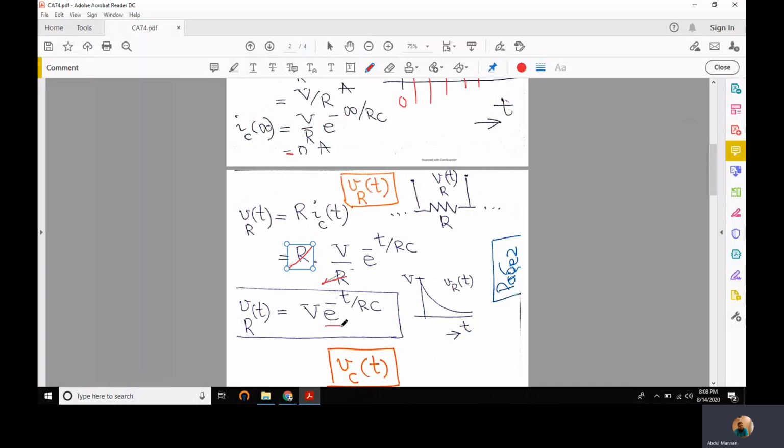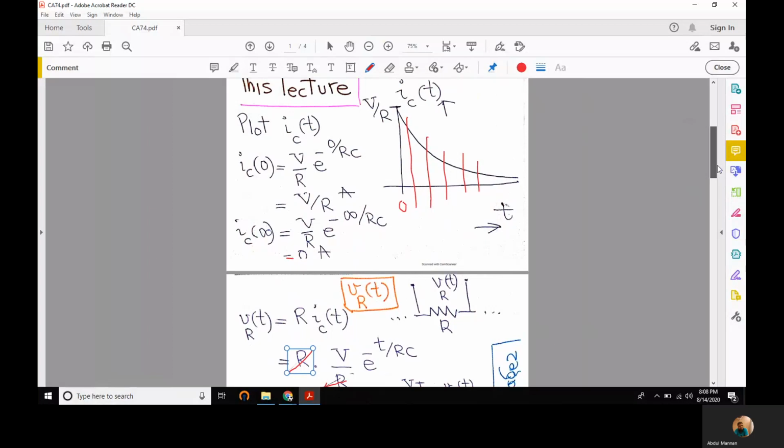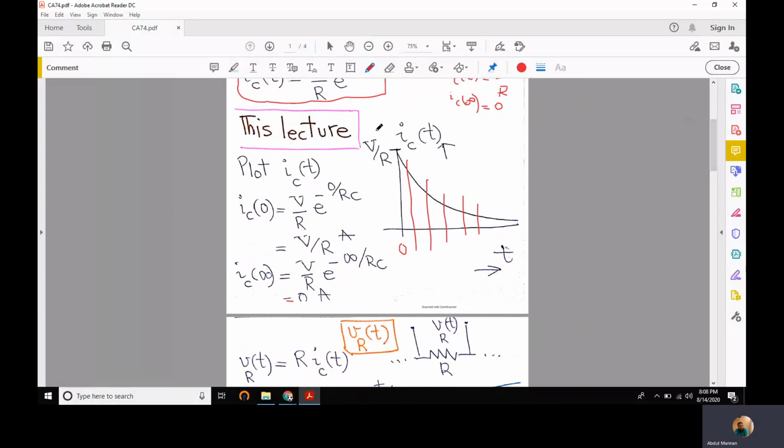This is the same exponential, but VR of 0 would be V, right? So for time t is equal to 0, the value comes out to be V, whereas for IC of t, it comes out to be V over R. So this value is different, right?